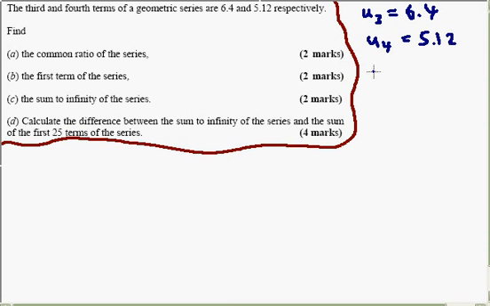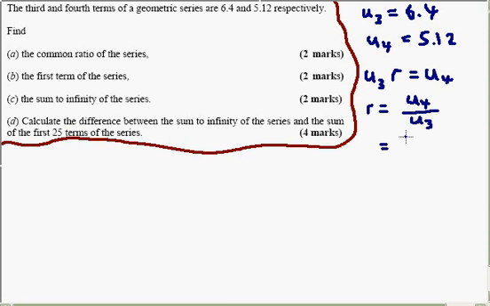Now we know that with a geometric series, how we get from U3 to U4 is that we multiply U3 by the common ratio, R. So in other words, R is equal to U4 divided by U3.